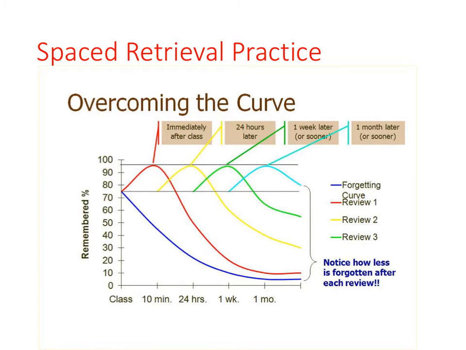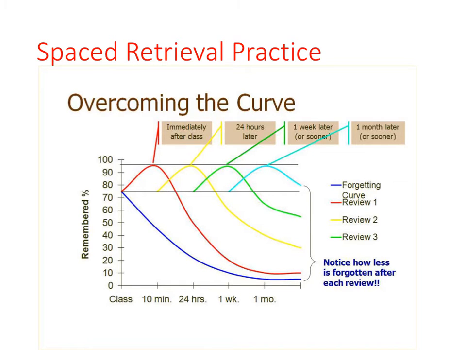Now, the way to prevent this erosion of memory from occurring is to engage in spaced retrieval practice of key concepts. This is what the rest of the graph shows, that if we constantly revisit key terms at spaced intervals, then we can prevent this forgetting curve.